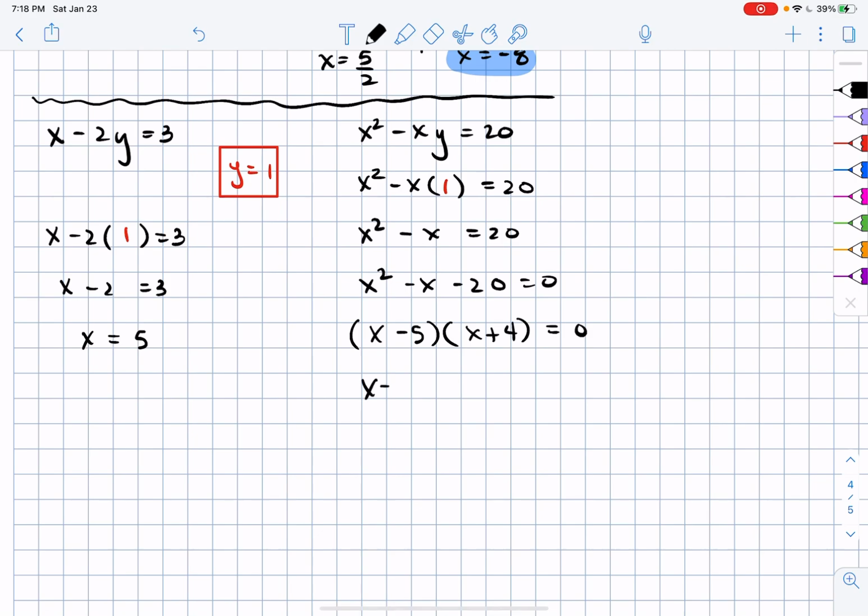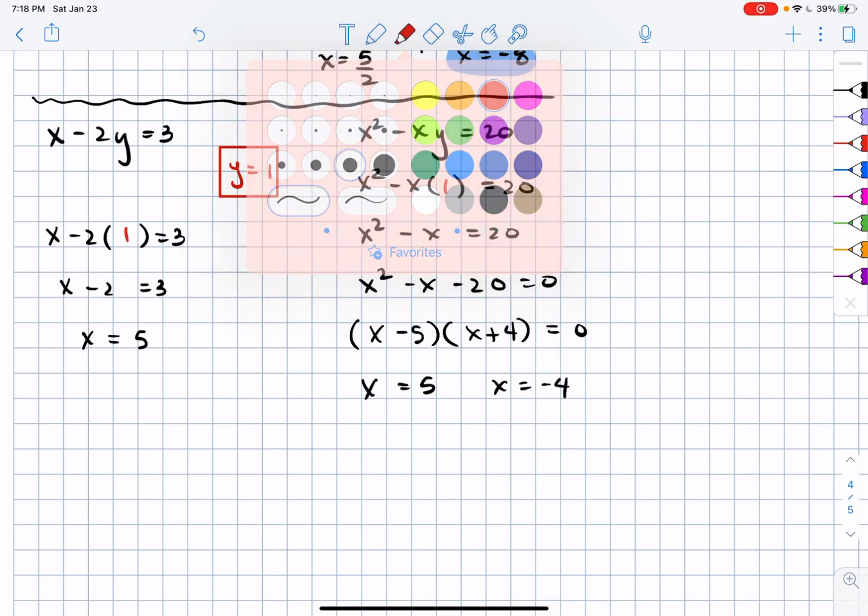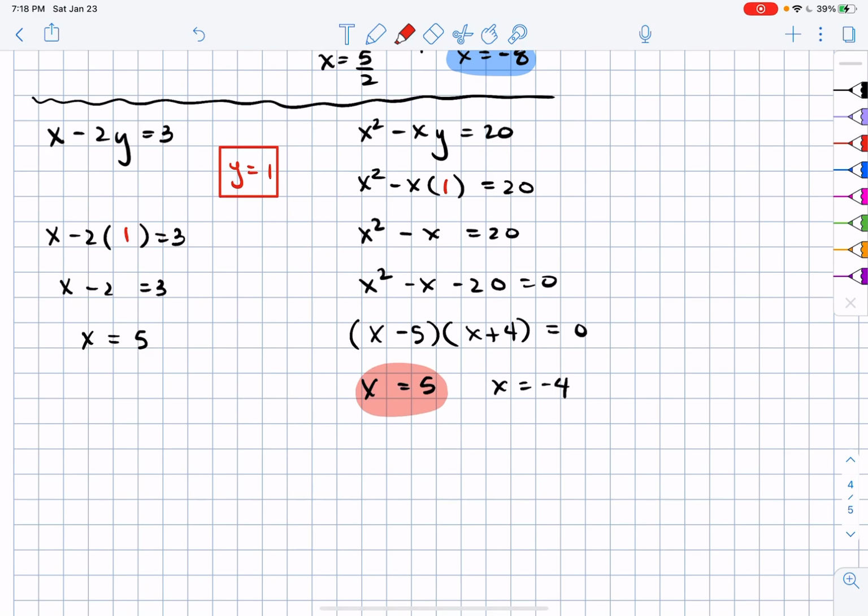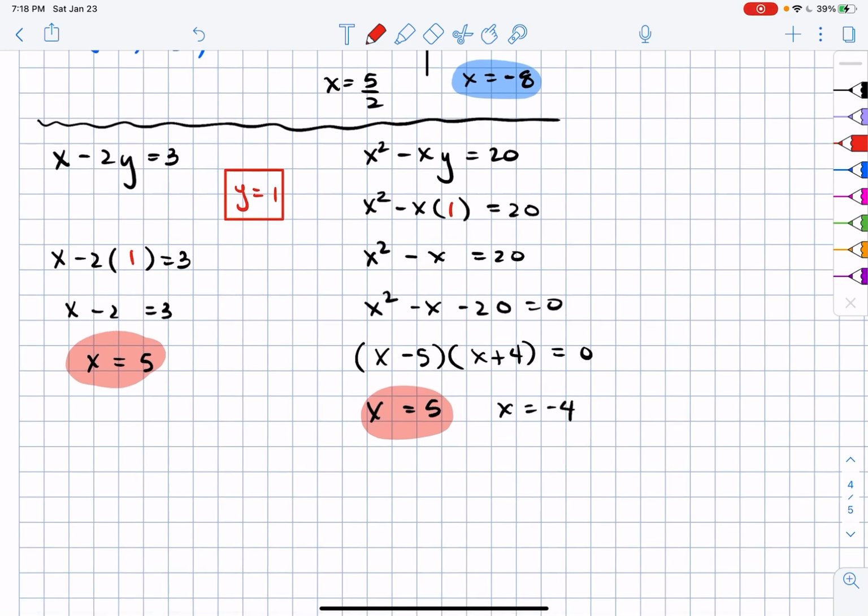Oh, you know what? Let's just skip it. x equals 5 and x equals negative 4. So again, the only one that matches is x equals 5, right? So that's the only one I can use. So when y is equal to 1, x is equal to 5. So I really have 5 comma 1, and that's all I have there as well.